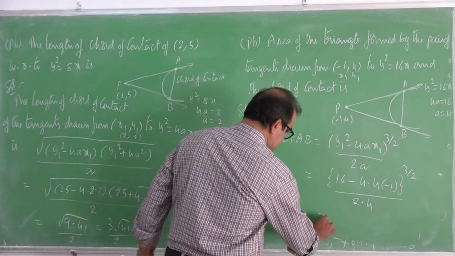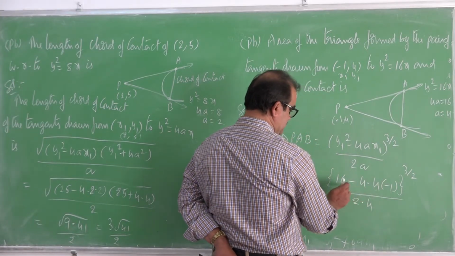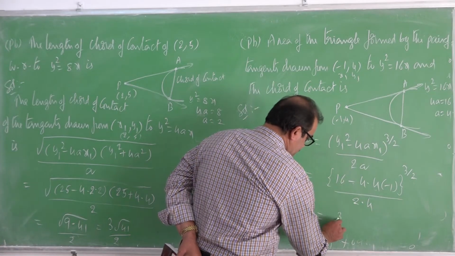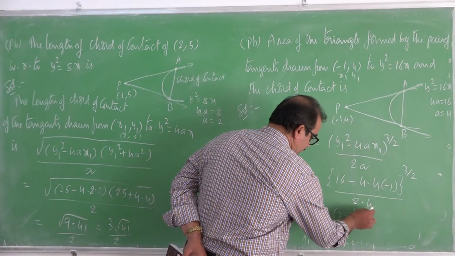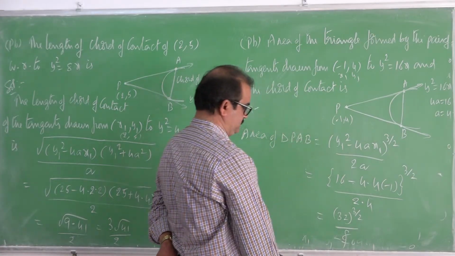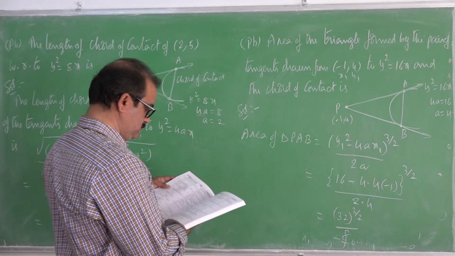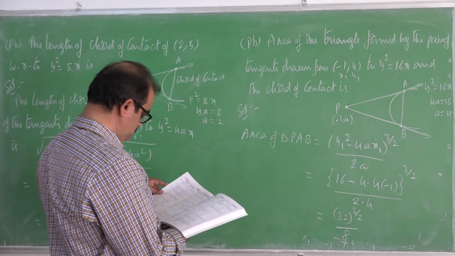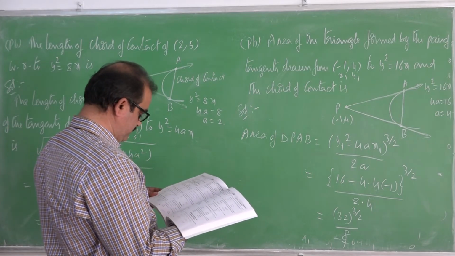Now simplify this. 4 into 4 is 16, minus into minus is plus, 16 plus 16 is 32, whole to the power of 3/2 by 2 into 4, that is 8. That is the area of the triangle.